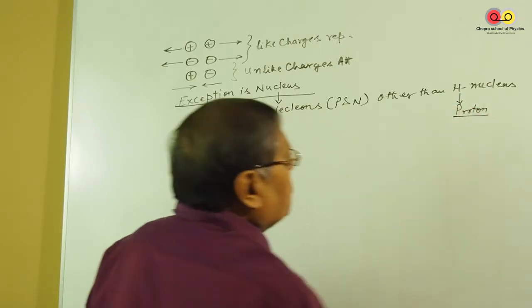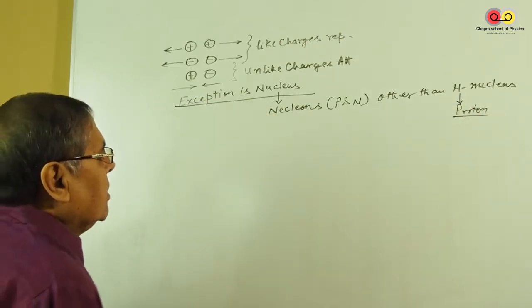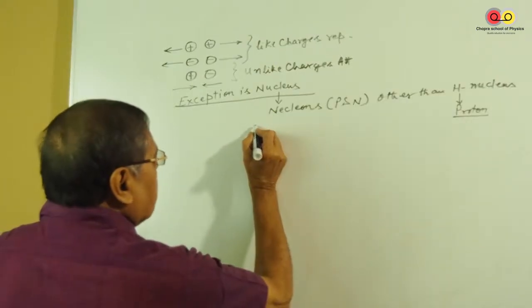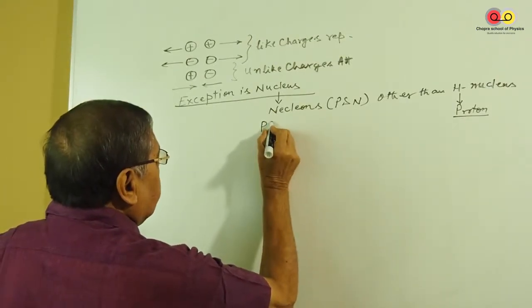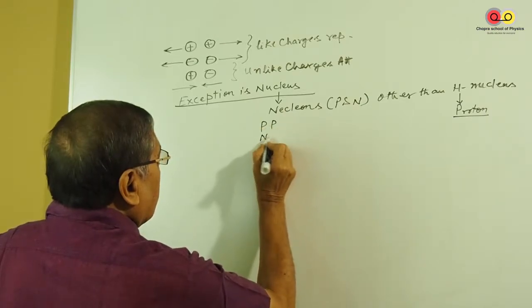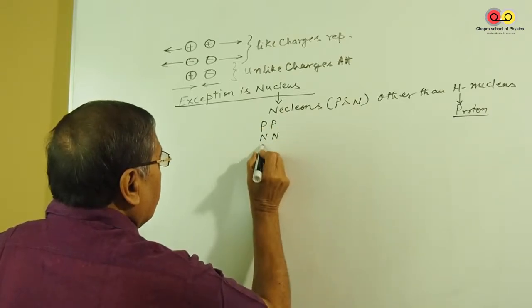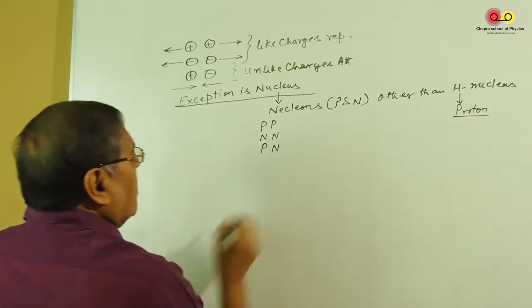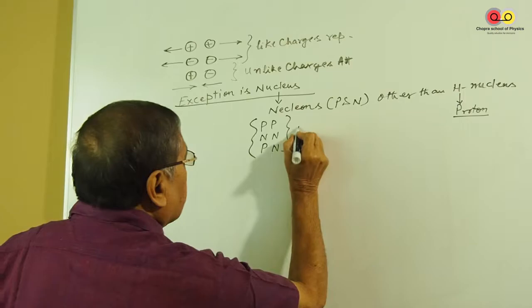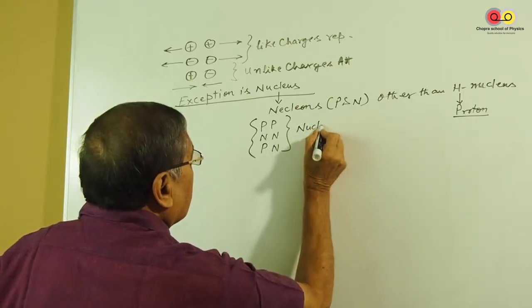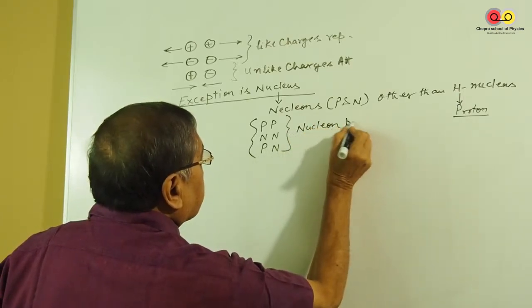So there is no question of grouping here. Within the nucleus, the nucleon groups are pp, nn and pn. These are called the nucleon pairs.